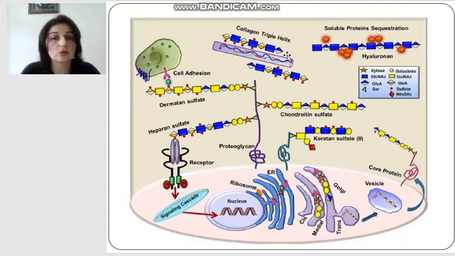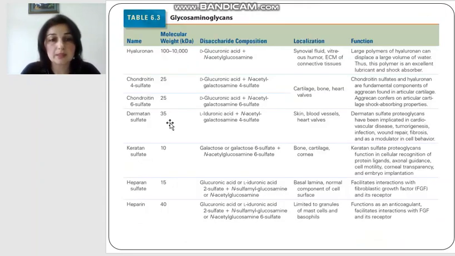Pay attention, that's a collagen fiber, and in the organization our proteoglycans and glycosaminoglycans also participate. Here we will see members of them, as I mentioned, chondroitin 4 sulfate, 6 sulfate, dermatan sulfate, and each of them has its composition, localization, and functioning.